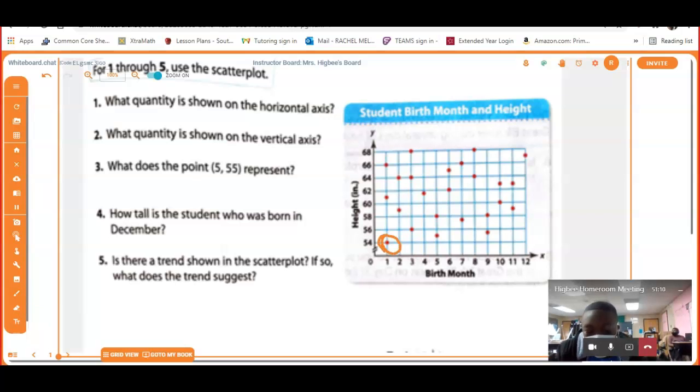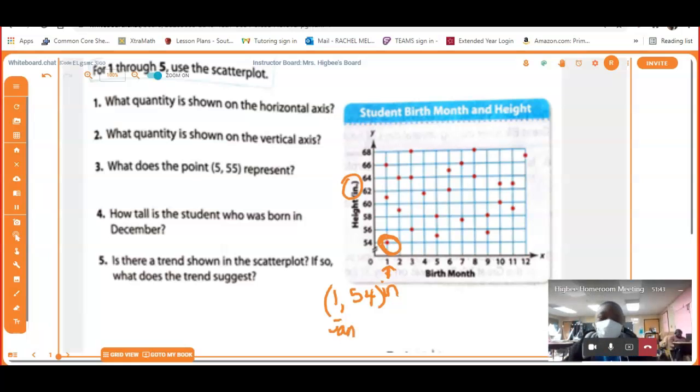So what does this point right here represent? The point 1 and 54, what does that represent? Israel, what do you think? I think it represents how tall you are. Okay, so this 54 is our inches, right? Well, what's the first month when we're talking about months?